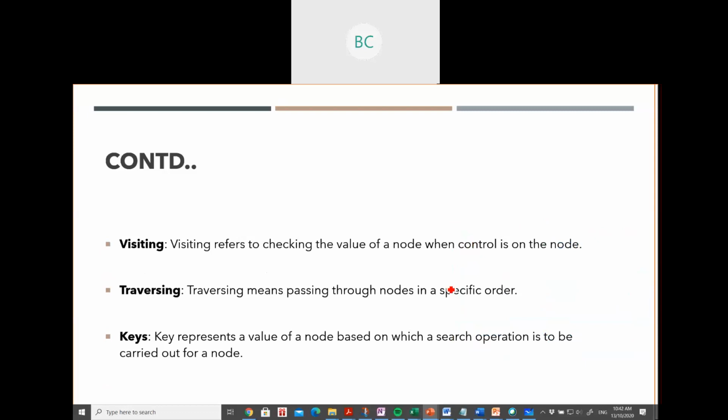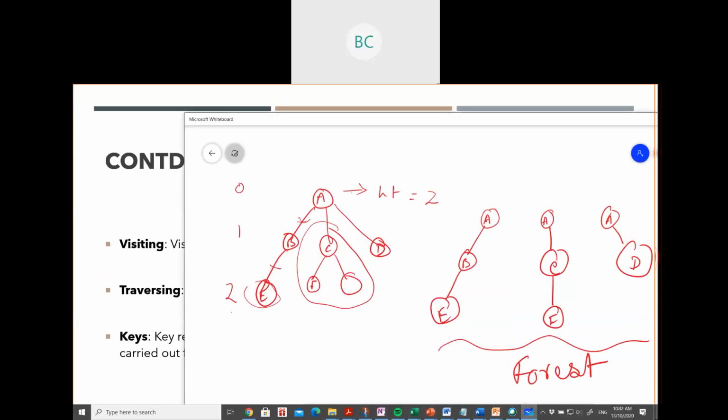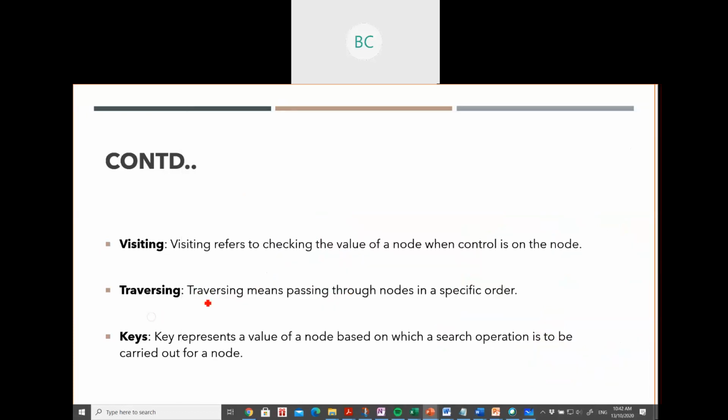Then there are some other terms like visiting. Visiting means checking the value of a node when control is on a node. If you start your traversing, let's see the term traversing as well. Traversing means passing through nodes in a specific order.